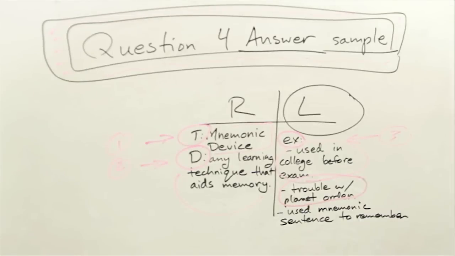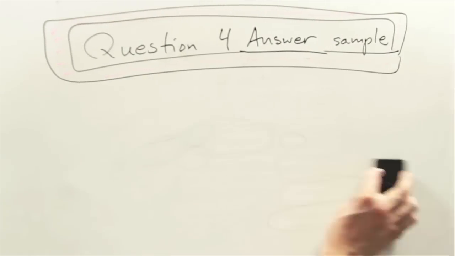He was having trouble remembering the order of the planets in our solar system. He could remember the names, but not the order. He used a mnemonic sentence that used the first letter of each planet to memorize the order of the planets. This is how the lecture illustrates the use of a mnemonic device to help in memorizing something.